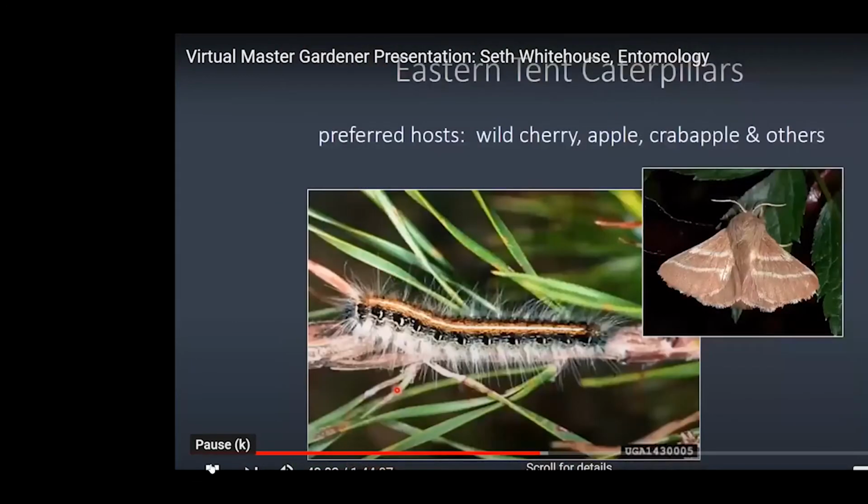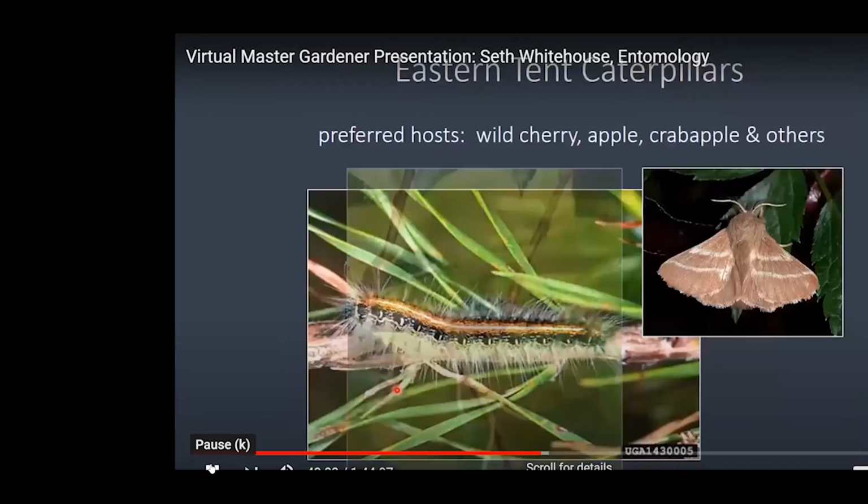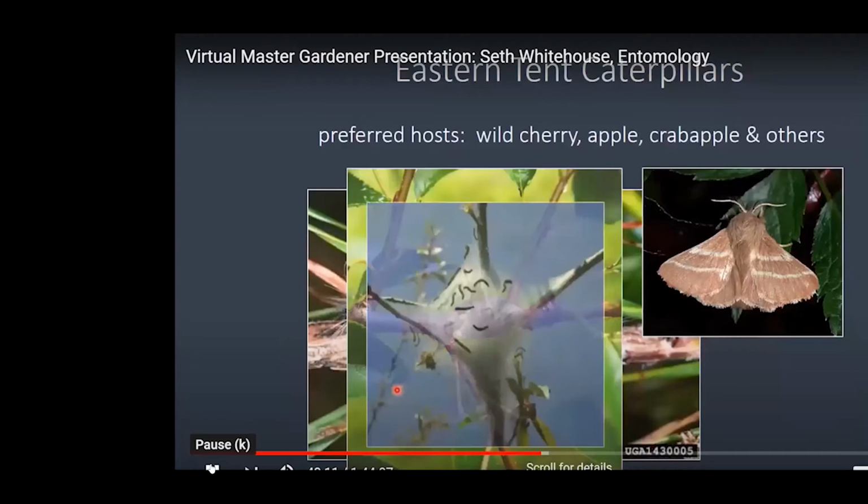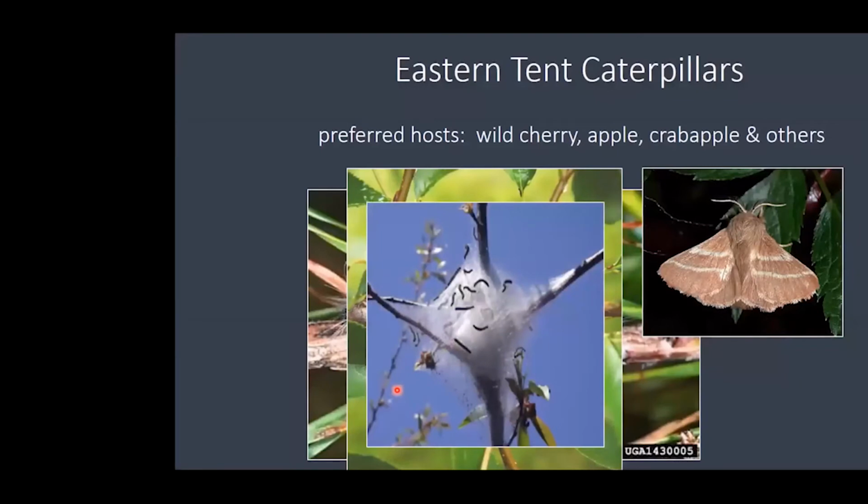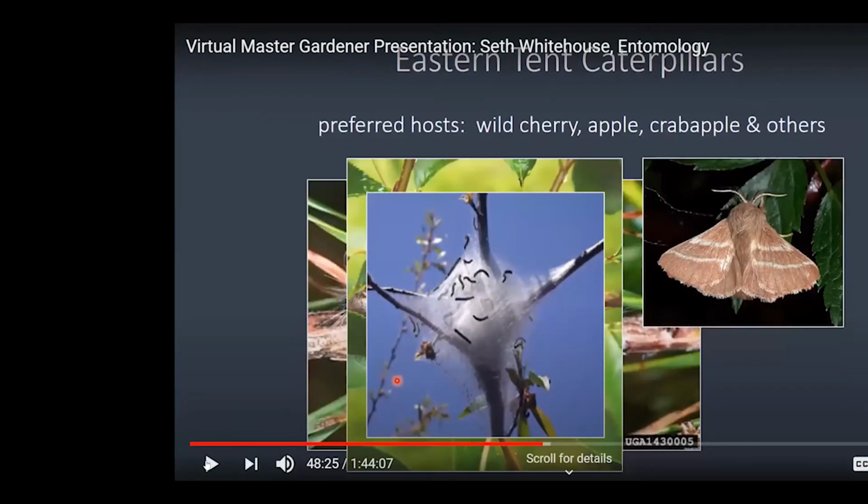All right, eastern tent caterpillars. I get a call about this just about every year, multiple calls. And someone might see a web-like structure in their trees. A lot of times this is controlled by nature. You'll see this in their apple trees or wild cherries or any other kind of smaller shade tree kind of deal.